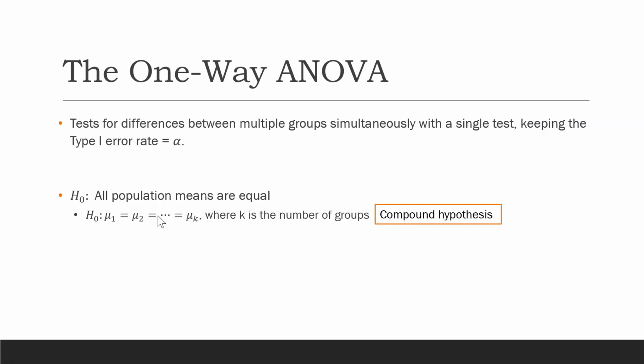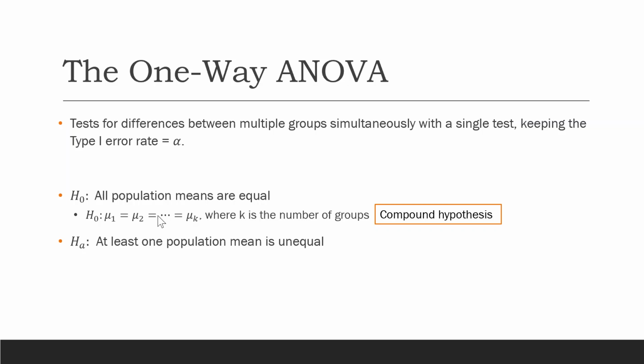So this is a compound null hypothesis. Usually when we have compound null hypotheses, our alternative hypotheses are not directional, all right? And as you're going to see here, we're only going to have one type of alternative hypothesis, unlike what we saw with the 1-sample t-test, the 2-sample t-test, as well as the paired samples t-test.